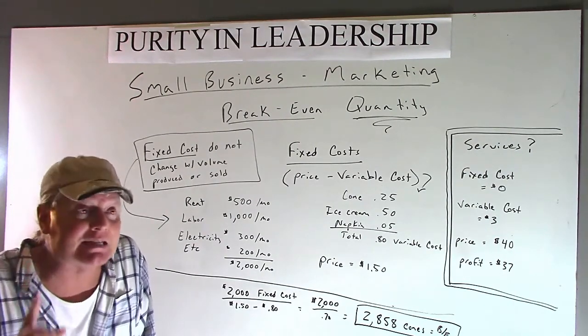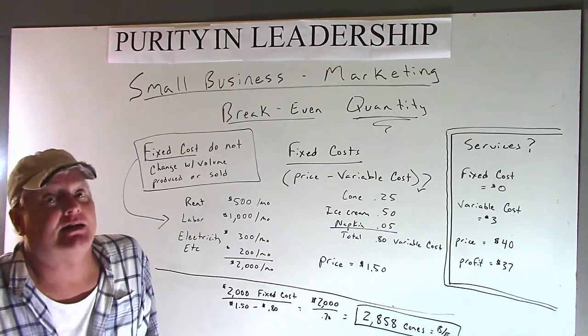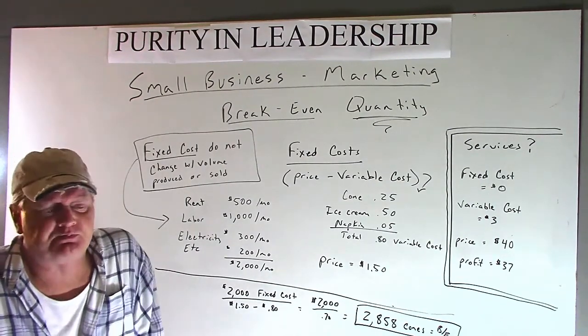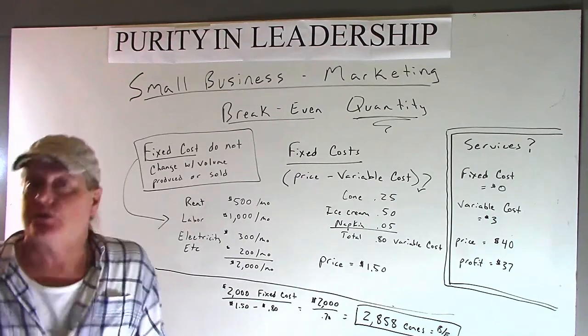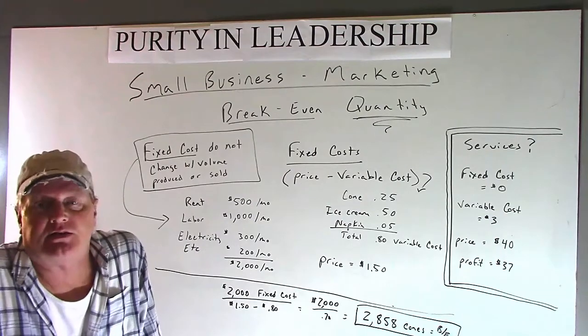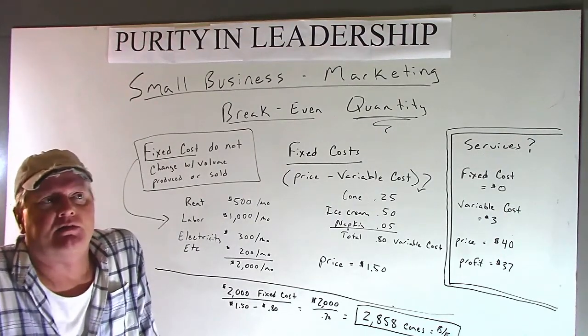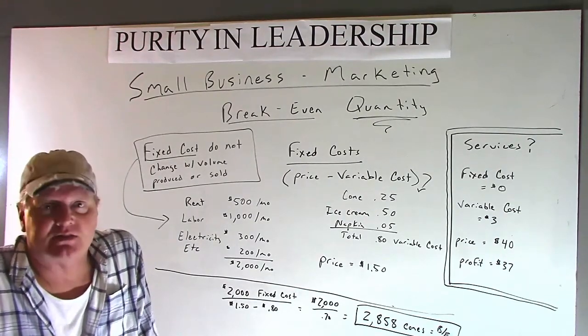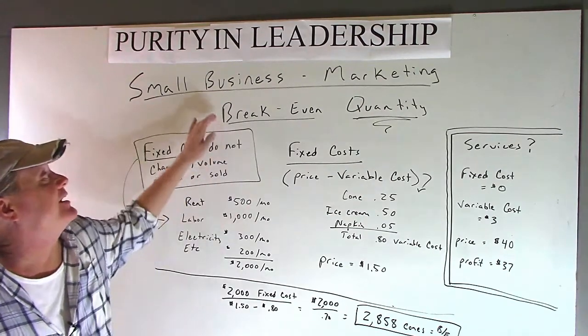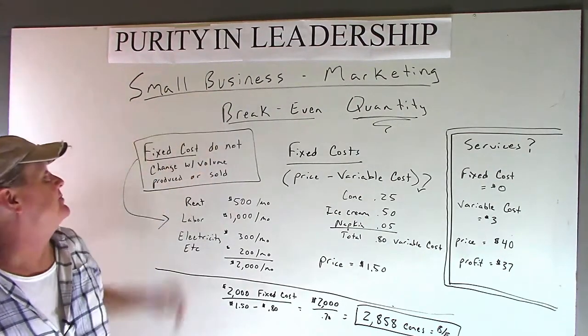You've got to see this. I see students who are kind of blown away when they think about this. They think their business idea is so great and it's going to be a wild success, only until they look at break-even quantity.